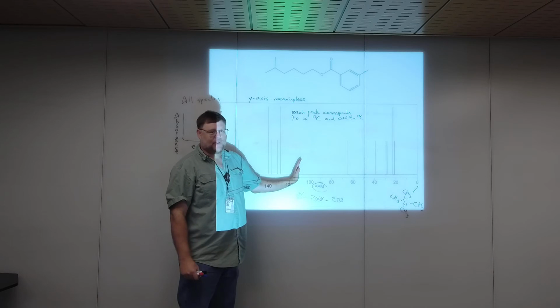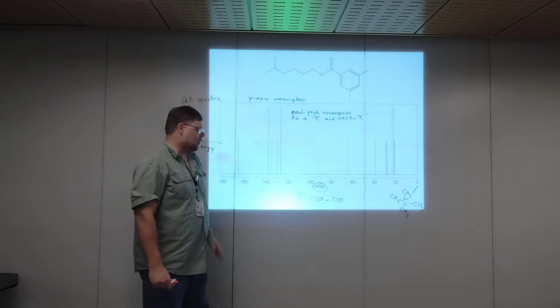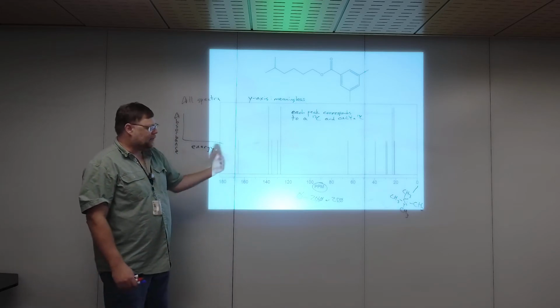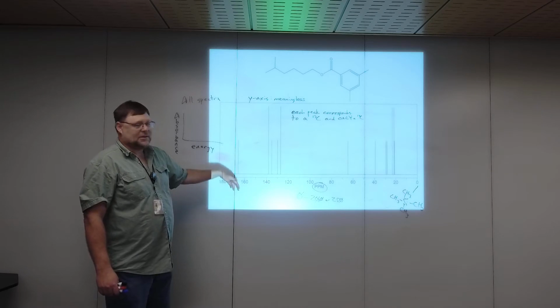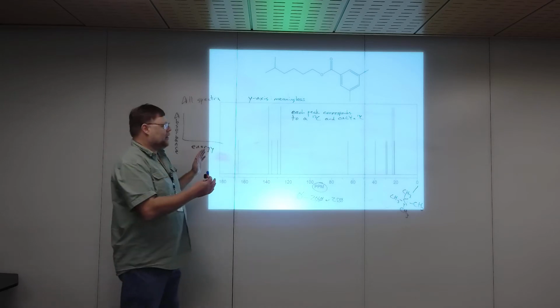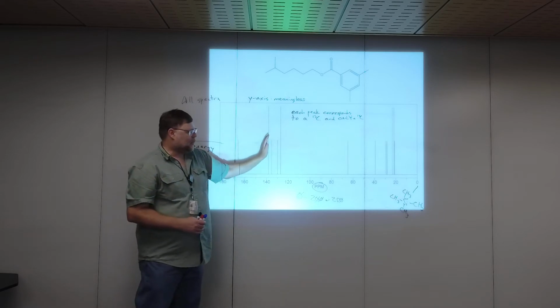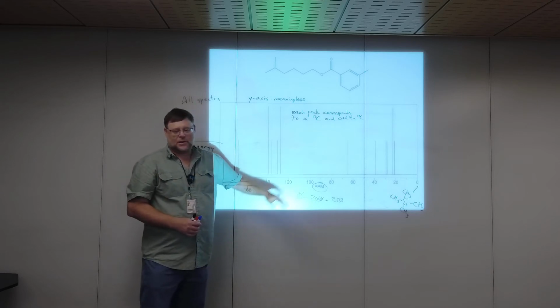You're not going to have a peak for an H. You're not going to have a peak for a chlorine. You're only going to have peaks for carbon. So you're going to have to infer from where on the frequency axis, the chemical shift axis, that peak happens as to what it's bonded to. You remember in IR, we had a spectrum, and it was like XH, triple bonds, double bonds, fingerprint region. We're going to do the same thing for the C13.